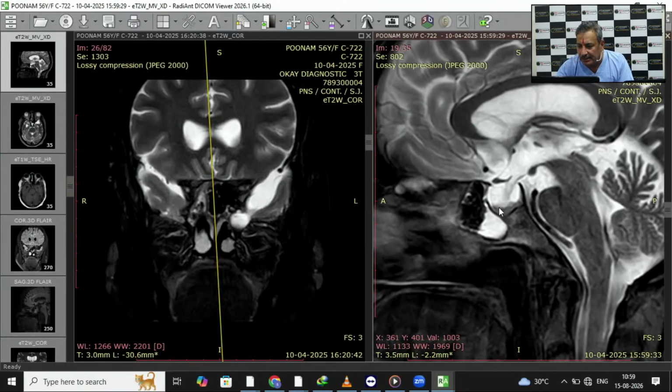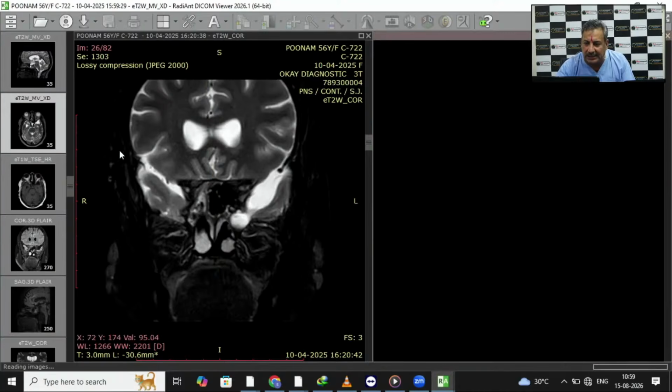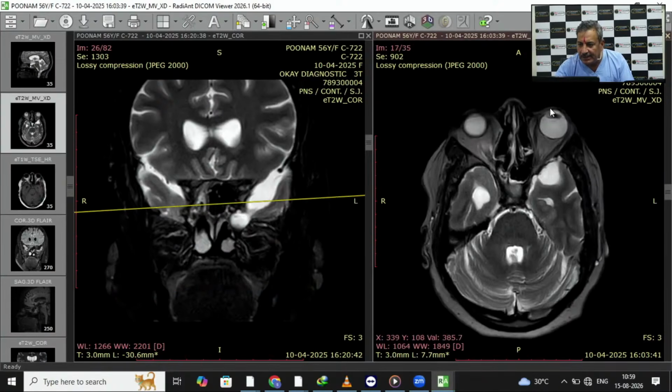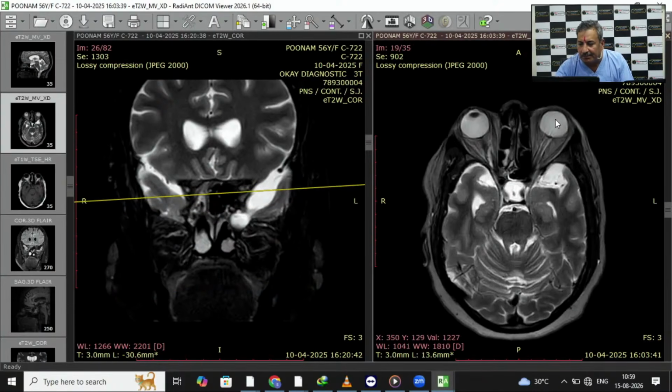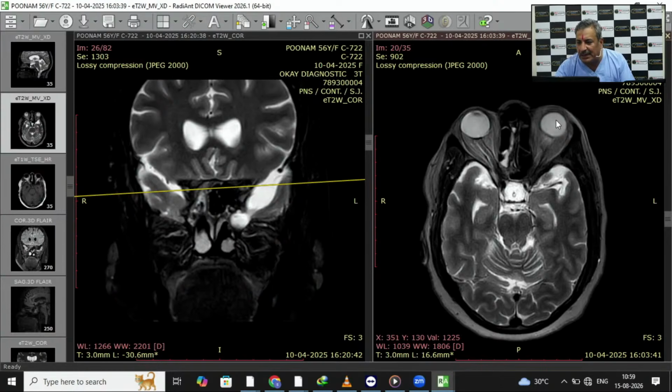The pituitary gland is compressed to this minimum, and the rest of the sella is replaced by a fluid pouch. This is one of the important signs of benign intracranial hypertension, when the sella is replaced by fluid.